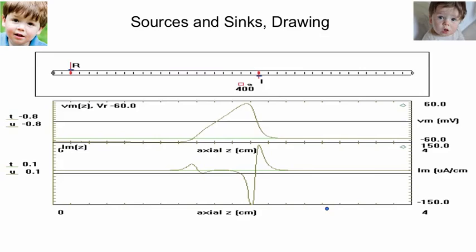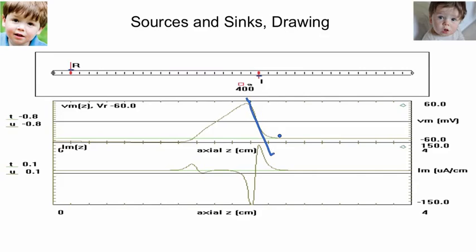So one of the neat tricks that they did was to take their action potentials and convert them into a series of straight lines. So on the screen here, I can't do it very carefully, but you'll see the idea. Suppose we take the slope of the upstroke and we draw a straight line through it.